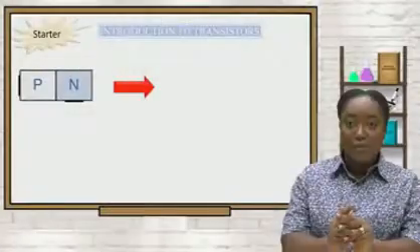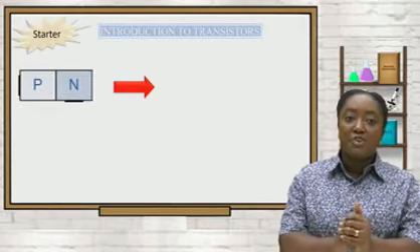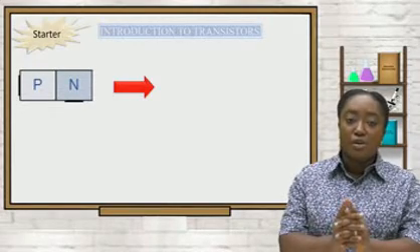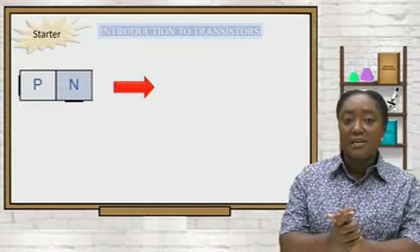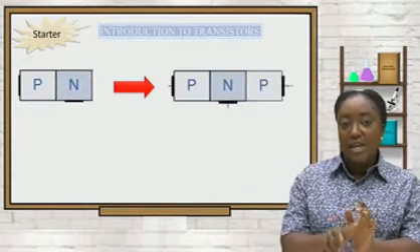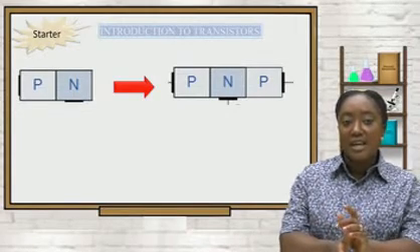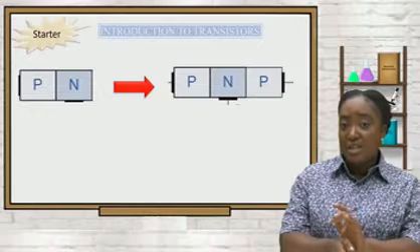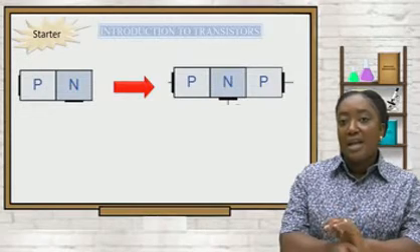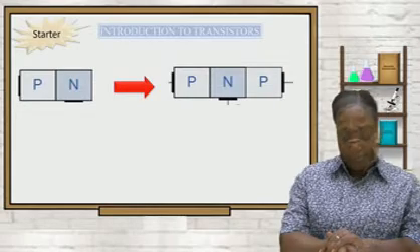For our starter, we introduce ourselves to transistors. From our previous lesson, we got to know that when you put a p-type and an n-type together, you form a diode. In this lesson, we are going to put a p-type, an n-type, and another p-type together to form a PNP transistor.